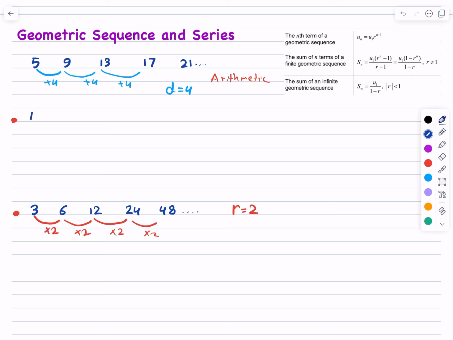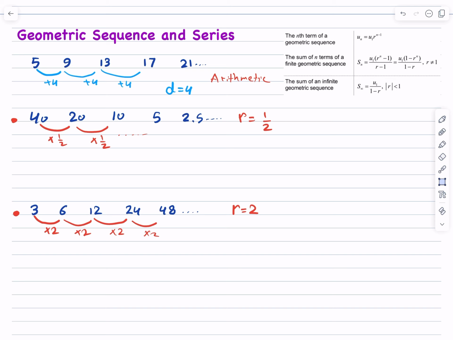For example, we have 40, then 20, 10, 5, 2.5, and so on. As we notice here, each term is half of the previous term. So that's why here the common ratio R would be half. If we multiply 40 by half, we would get 20, and 20 times half would be 10, and so on. So the common ratio R here is half.